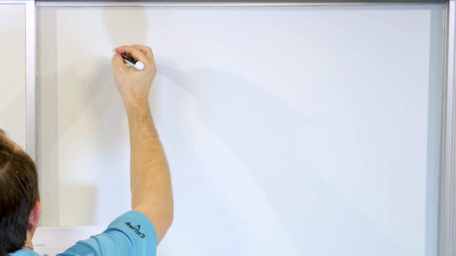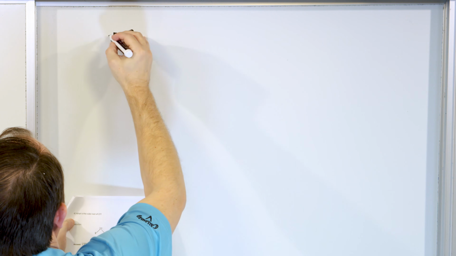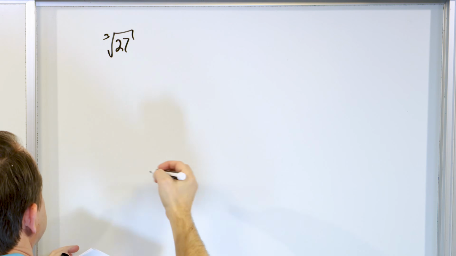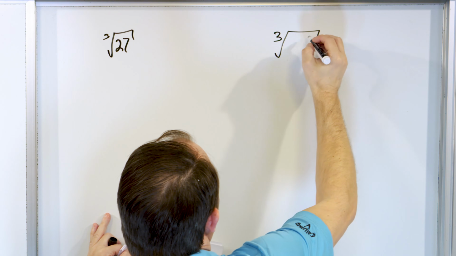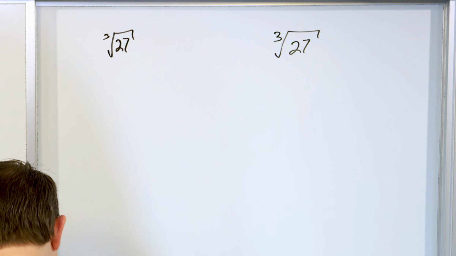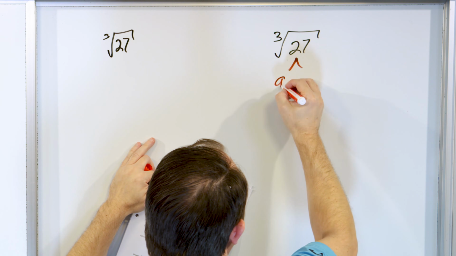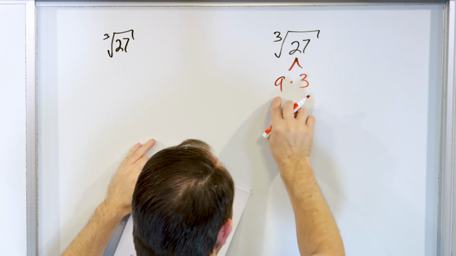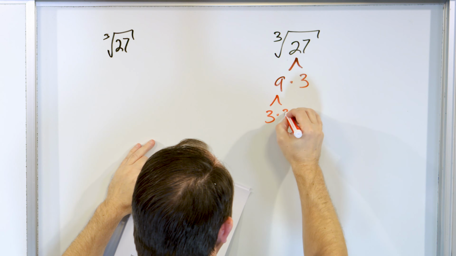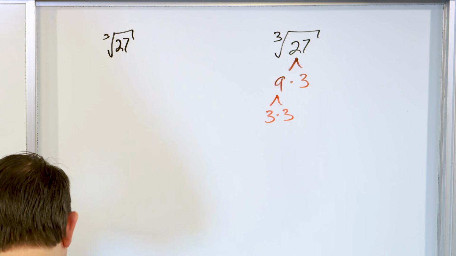All right, let's take a look at the next problem. Next problem is the cube root of 27. So let's go over here and write our factor tree. What times what is 27? 9 times 3 is 27, and 9 can be written as 3 times 3. Now the 3's are already prime, there's nothing more I can do.